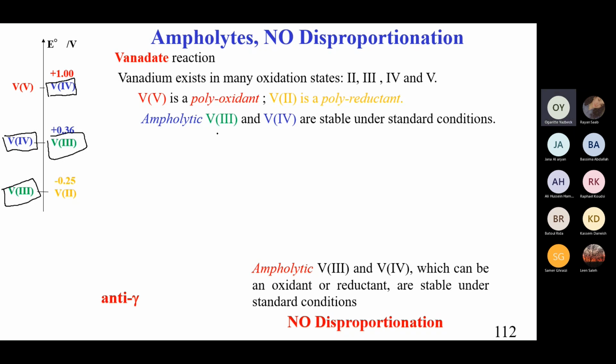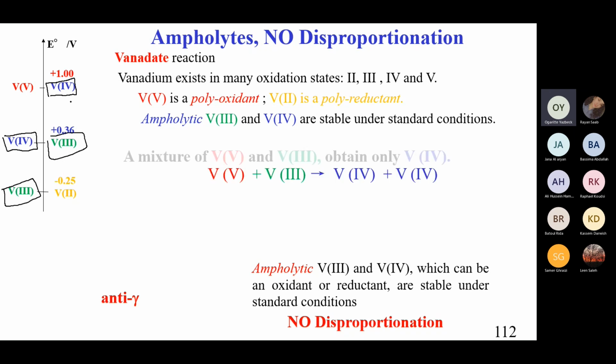Vanadium 3 and 4, which are in green and in blue here, are amphoteric or ampholytes, but they are stable. Why is vanadium 4 considered stable?